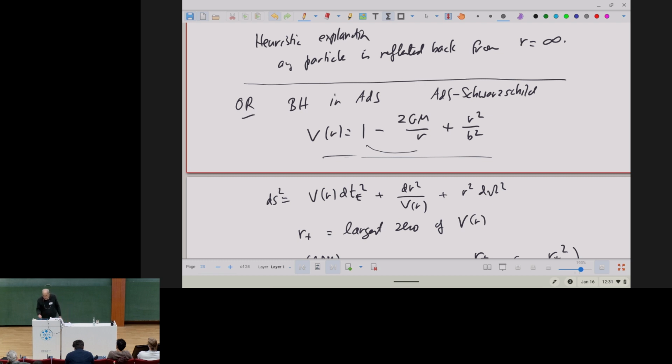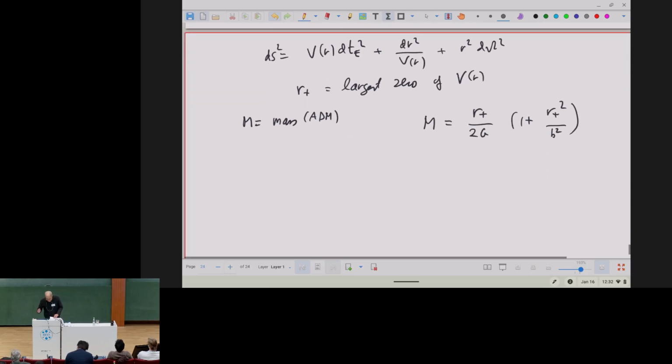On the other hand, if m is sufficiently large, the black hole can't be approximated at all by an asymptotically flat black hole, because if m is too large, this term becomes important before this one does. So when this term becomes important at smaller r than this one, we have approximately a flat space black hole embedded in anti-de Sitter space. In the other region, we have a very big black hole in an asymptotically anti-de Sitter space-time, but it's completely different from a flat space black hole, asymptotically flat space.